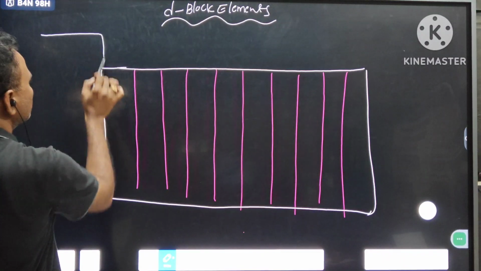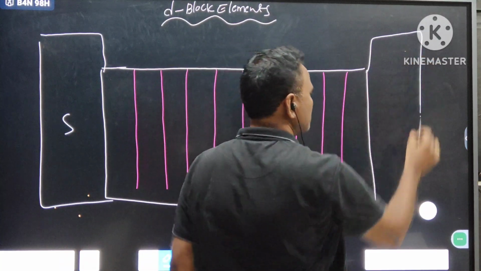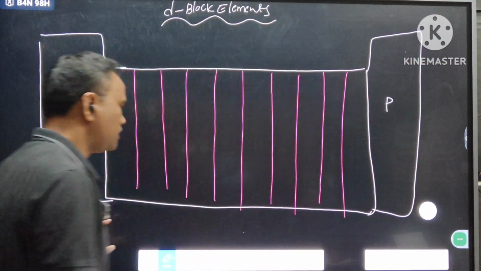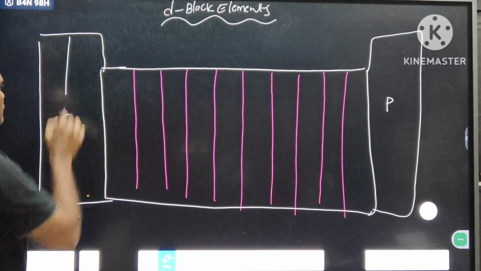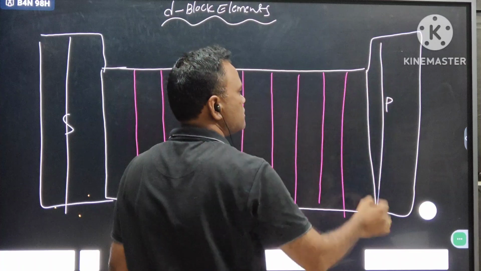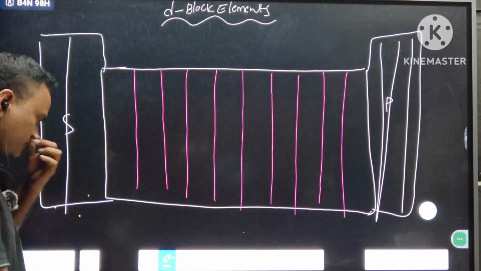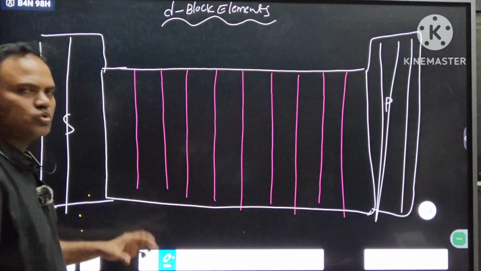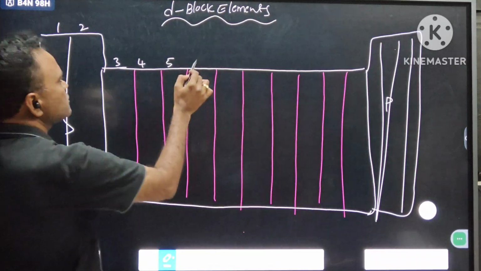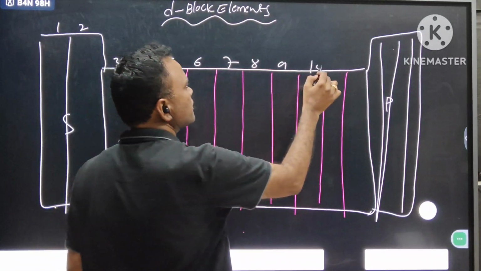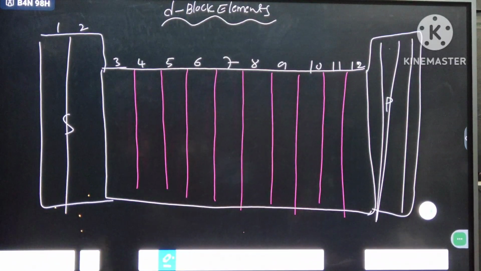Just a little random, this is the clock, this is the speed clock. Just focus on the portion. Give a group number: 3, 4, 5, 6, 7, 8, 10, 11, and 12. Okay. Let's just start.